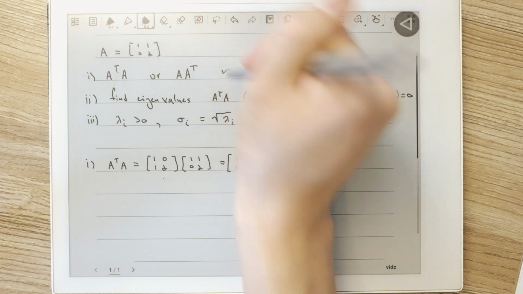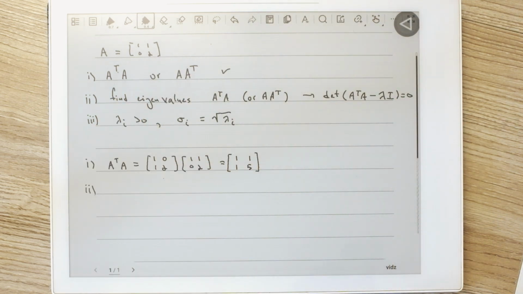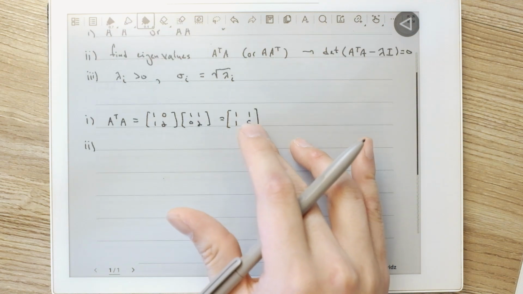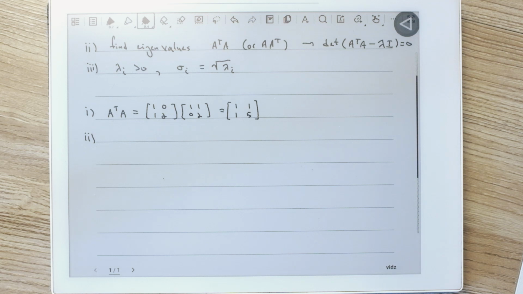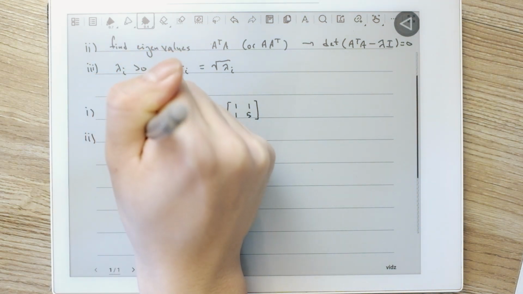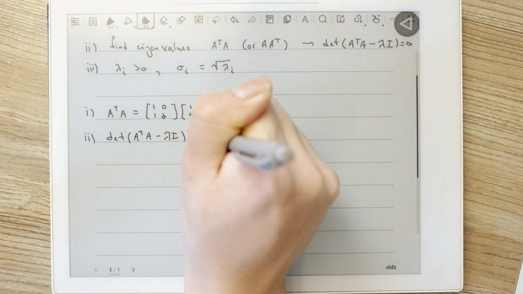That's our first step. Now we want to find the eigenvalues of this matrix. Let me keep it here so that we see what our second step is. So we want to find the eigenvalues. How do we do that? We compute the determinant of A transpose A minus lambda times the identity.